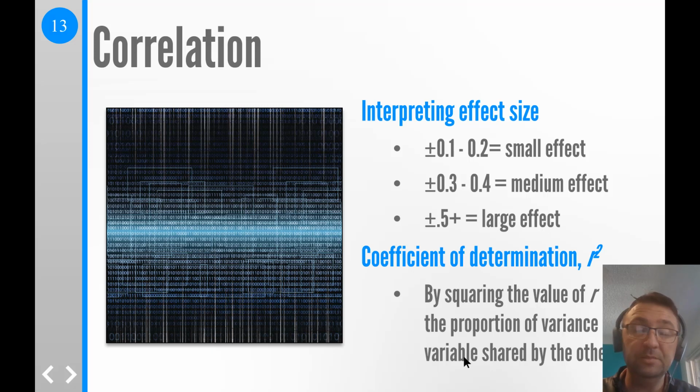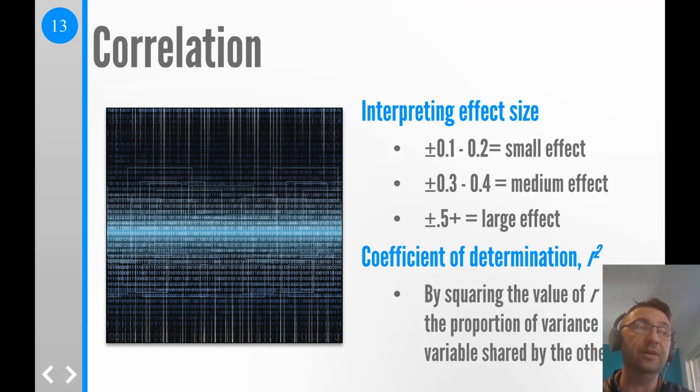One concept which we'll learn about more in linear regression is that if you square that number, so multiply it by itself, you get the proportion of variance of one variable shared by the other. What does that mean? Let me give you an example. It's actually an amazing concept. If we multiply 0.5 by 0.5, what do you get? 0.25. That's a proportion, which as a percentage we can say is 25%.